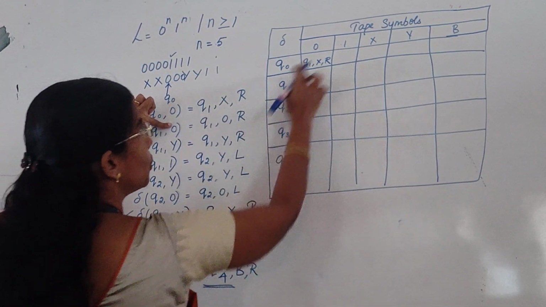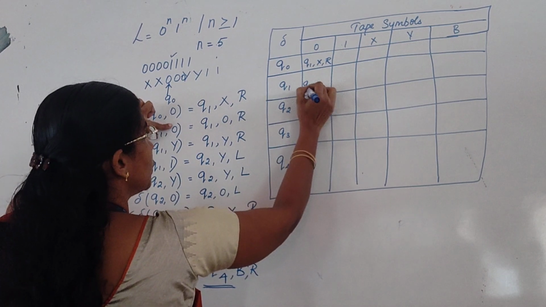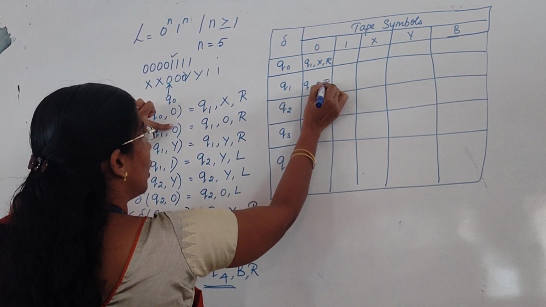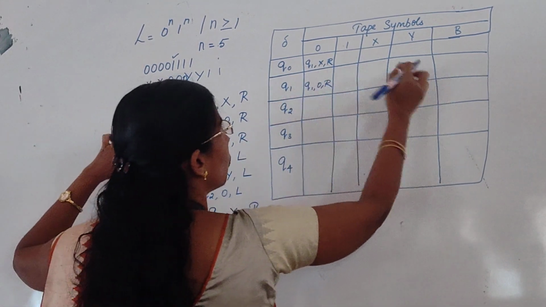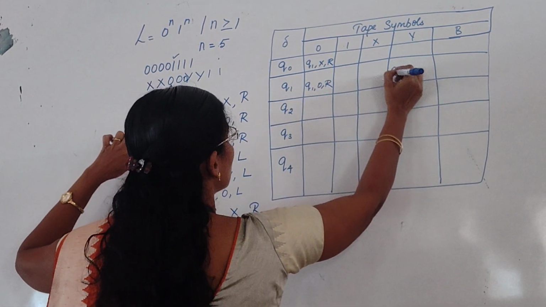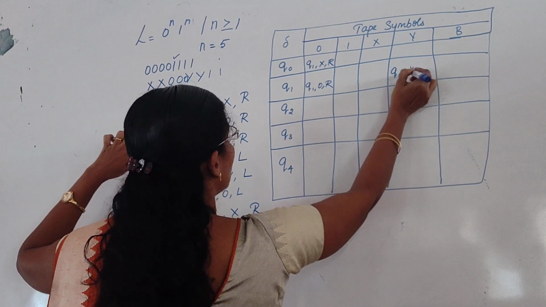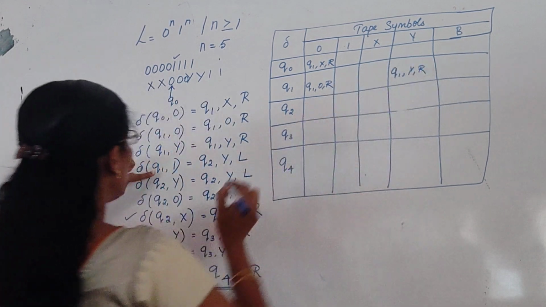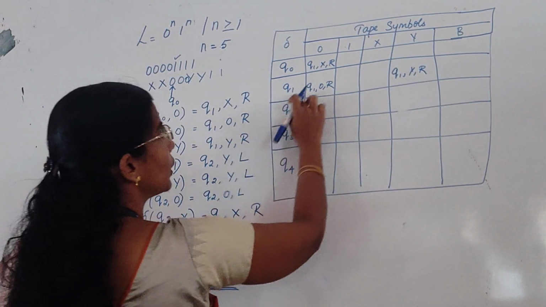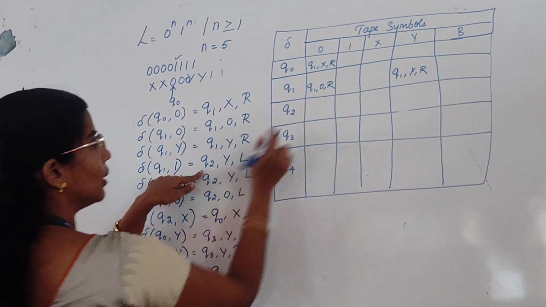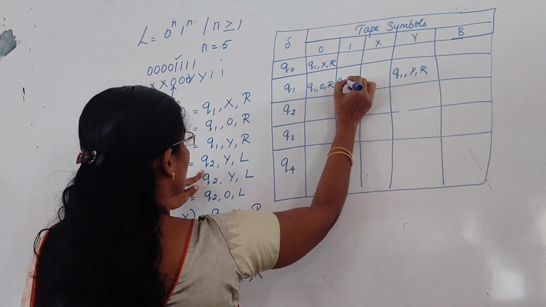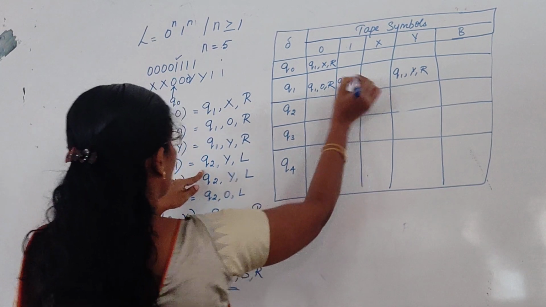Next Q1 comma 0: it is Q1 0 R. Next Q1 comma Y: it is Q1 Y R. Q1 comma 1: Q2 YL.